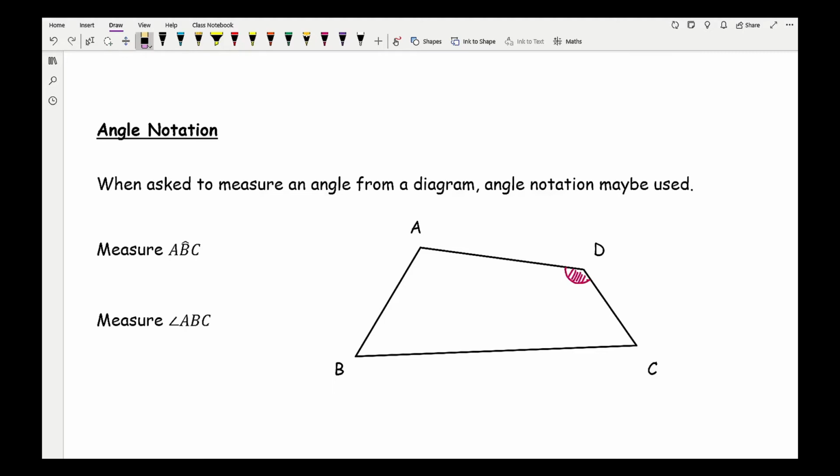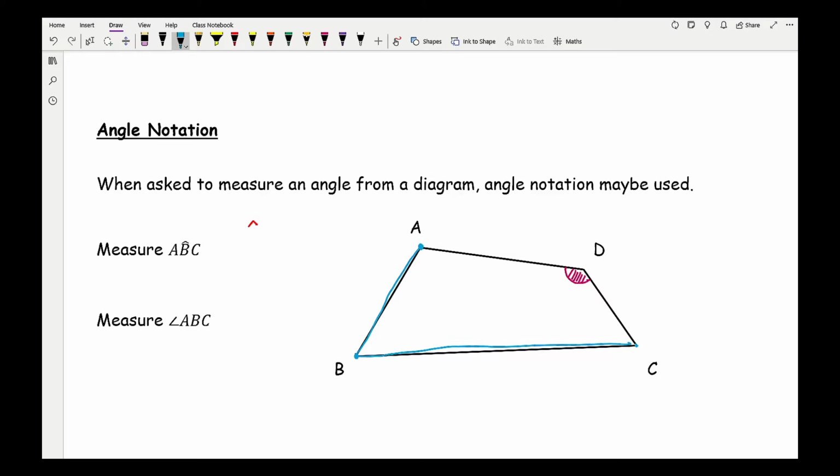Another way of looking at angle notation is using one of two symbols. The first one is this: we've got three letters with a little hat, or sort of arrow, on the middle letter. Basically what that says is, look at the first point, which is A, here, then go to the second letter, which is B, and then the third letter, which is C. If you join those points up in that particular order, what they're asking for is the angle created by joining those lines.